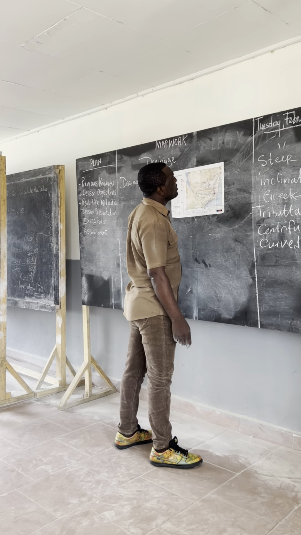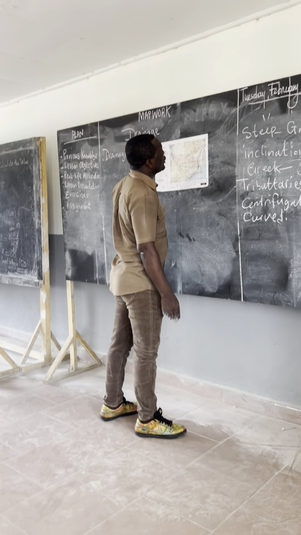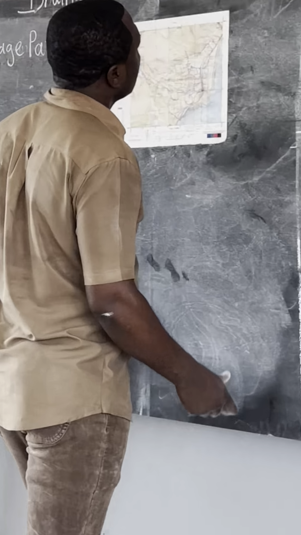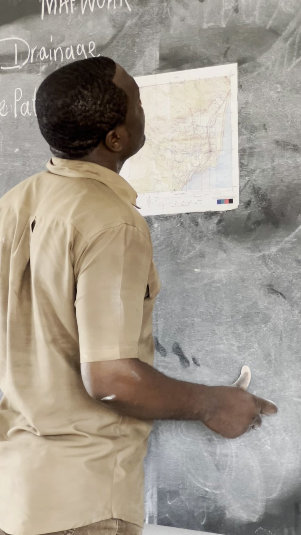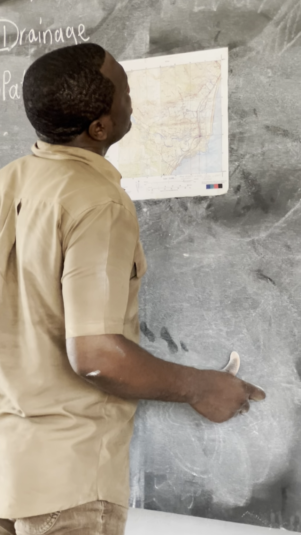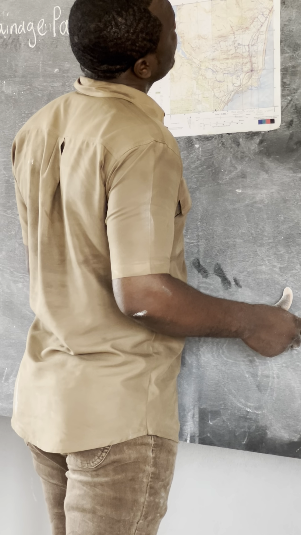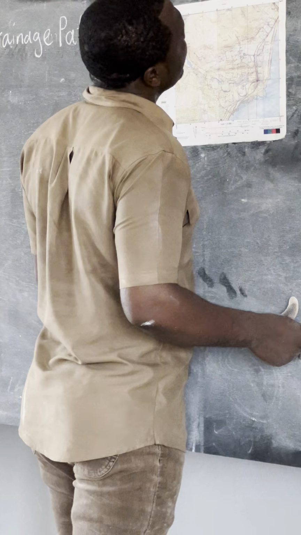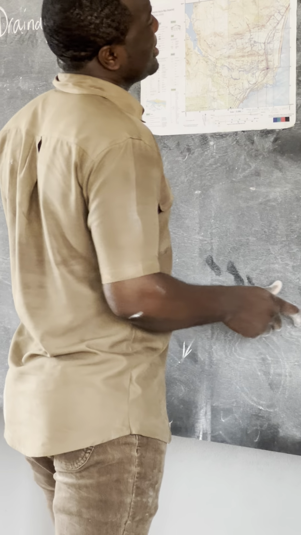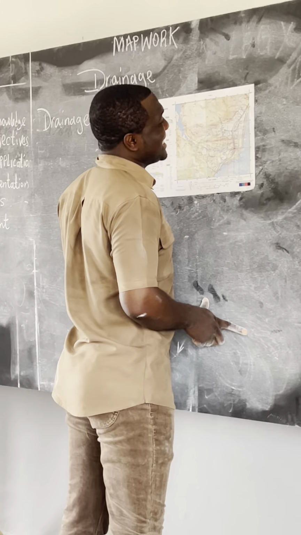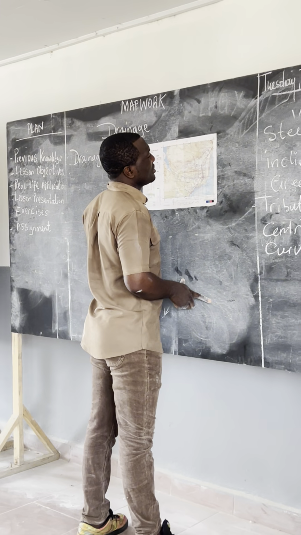I want you to tell me the type of drainage pattern possessed by the river Cleanan. We have the Cleanan-Milton Burn. It's a stream, the Cleanan-Milton Burn in grid square 8907.